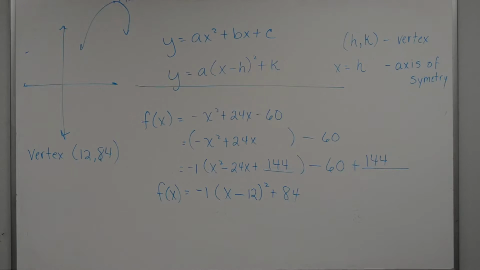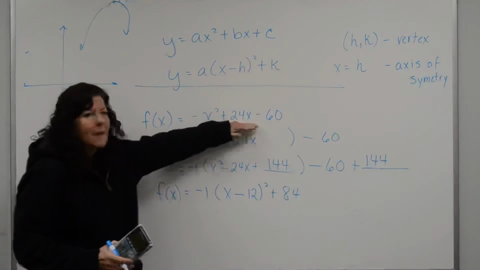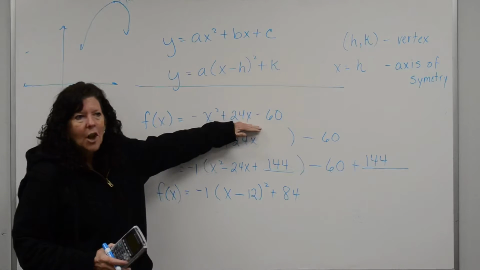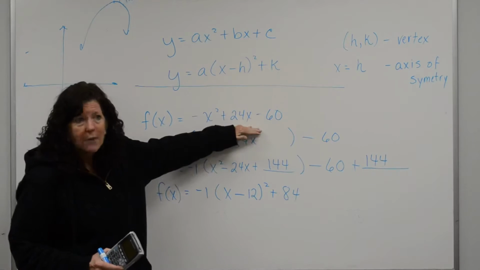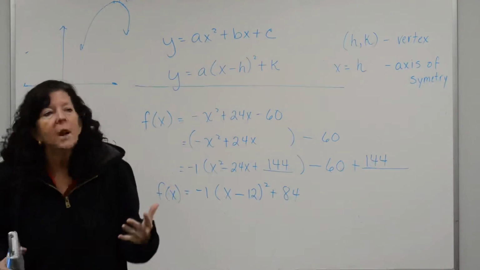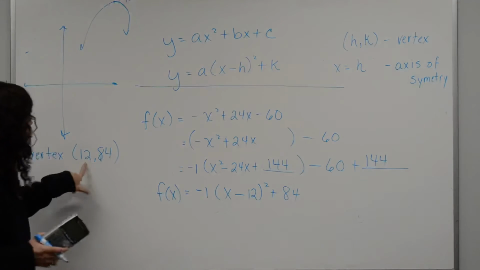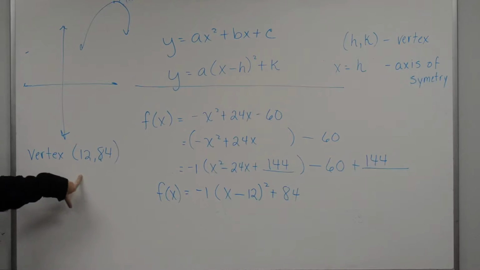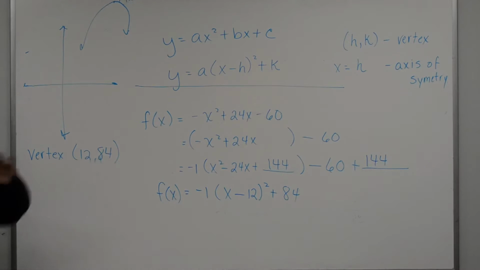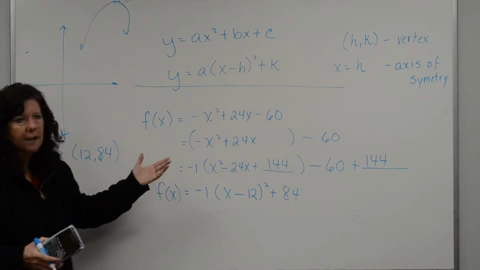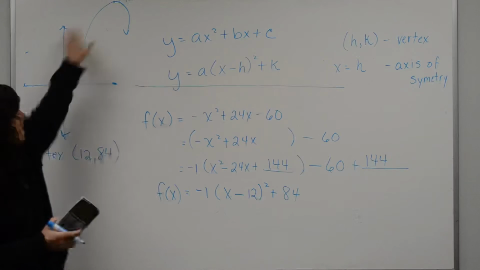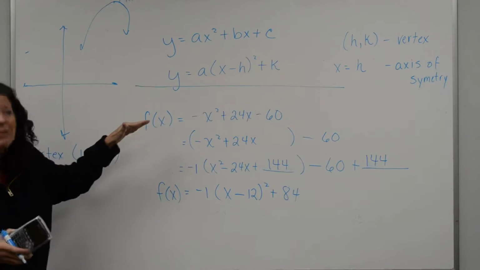I can go right back up here and solve this, and that's going to give me 3 points, right? If it didn't cross the x-axis, maybe what I would do is plug in 13 and 11 into the equation and find a point on either side of the vertex. But I do know if it's going to turn down, it's going to eventually have to cross it.